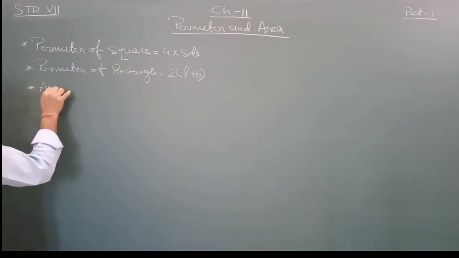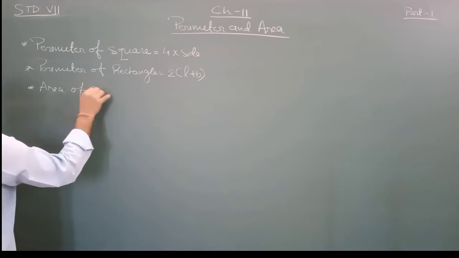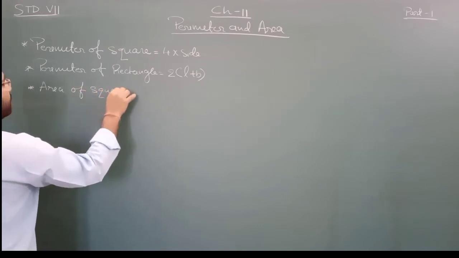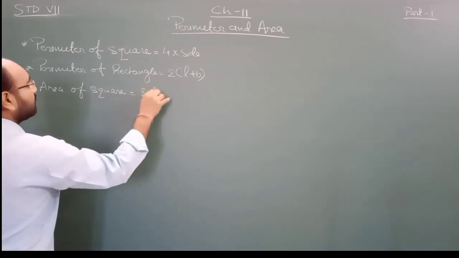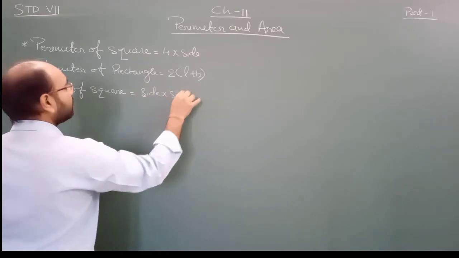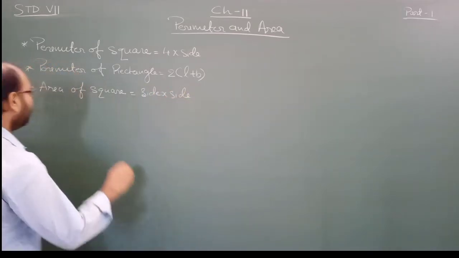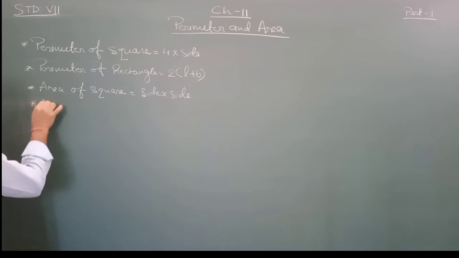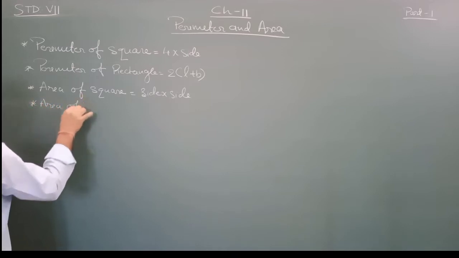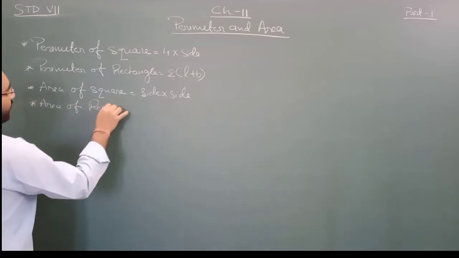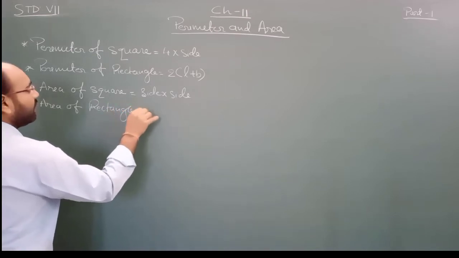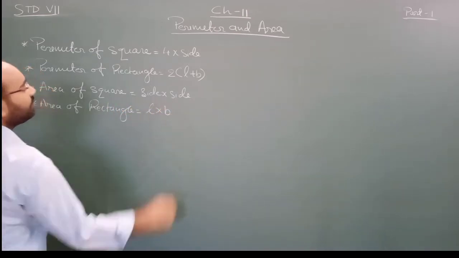Then area of square, that comes to side into side. Then area of rectangle, that comes to L into B.